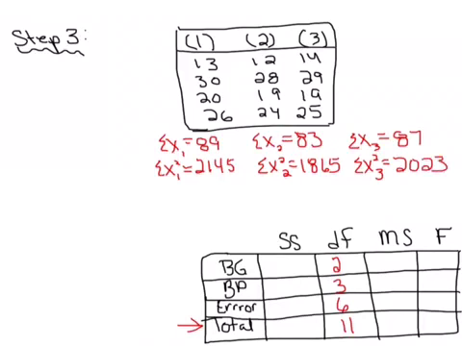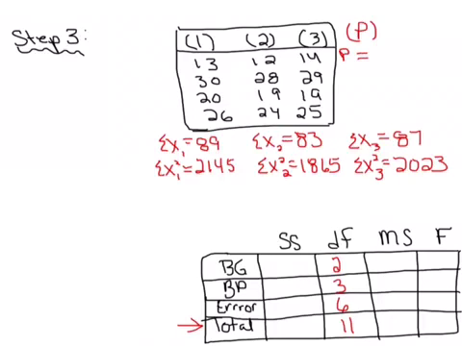But we're also going to need to get our person totals. So basically P. I always kind of do it as P. That means we're going to add up each person's total scores.